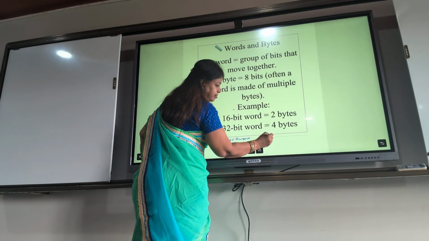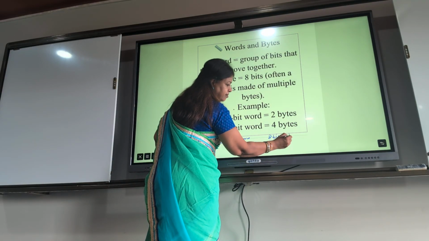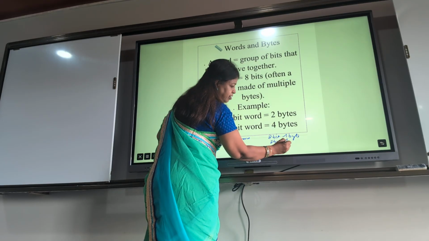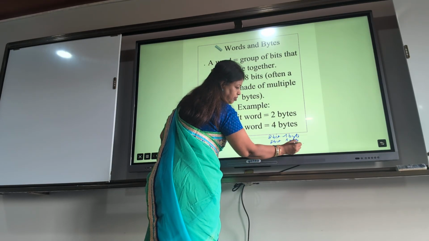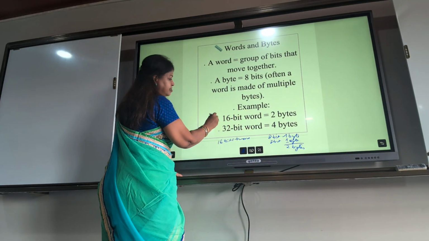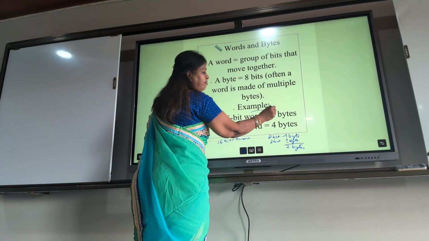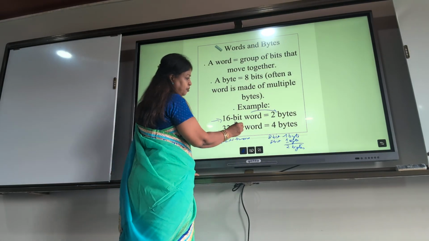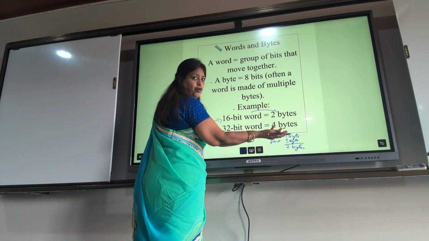So 8 bits is called one byte, another 8 bits is called another byte. So totally you have 2 bytes. So in a 16-bit word you have 2 bytes. Okay. Then a 32-bit word has 4 bytes.